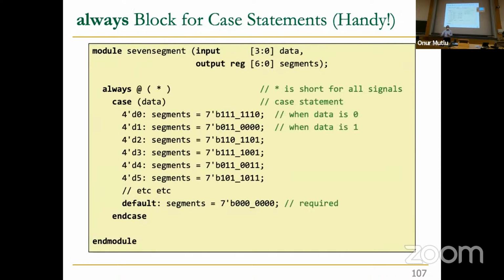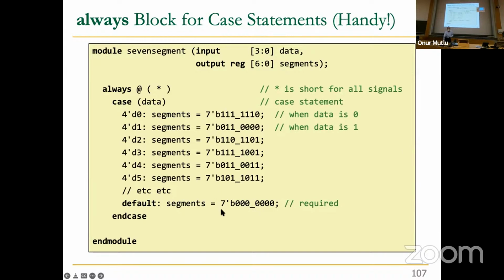But for more sophisticated things where you have a lot of cases, for example, always block may be a lot easier, right? So in this case, you can see that this is a combinational thing. Based on the data, you assign the output segments, and there may be many different assignments that you come up with, and default is segments is assigned to 0.